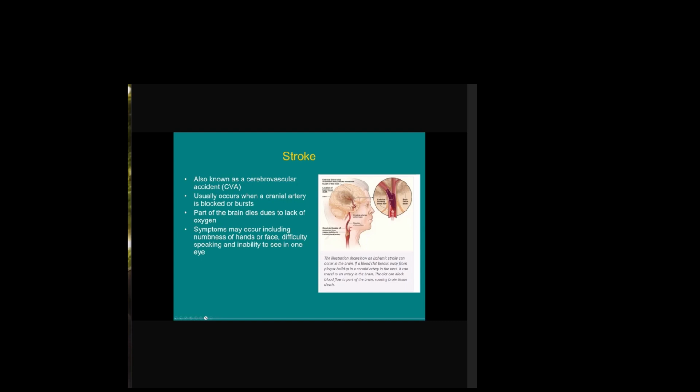And since the brain controls the parts of our body, people who have this might have numbness of the hand, of the face, and difficulty speaking, because the nerve cells that are supposed to be sending signals to control our face, our hands and speaking are messed up, so that system doesn't work very well.